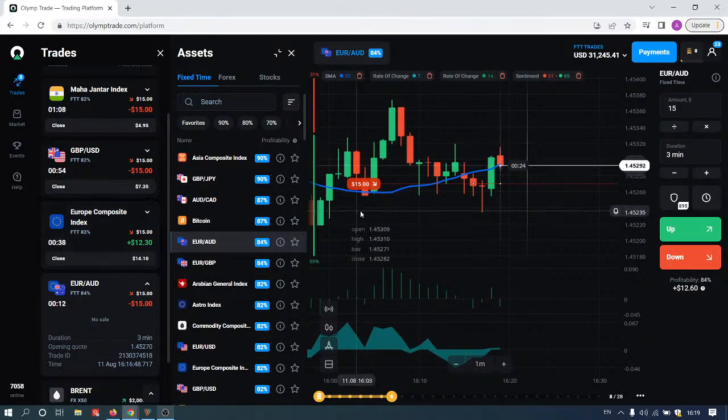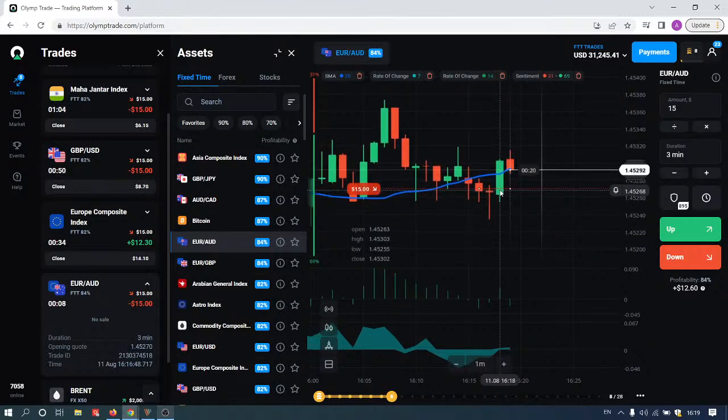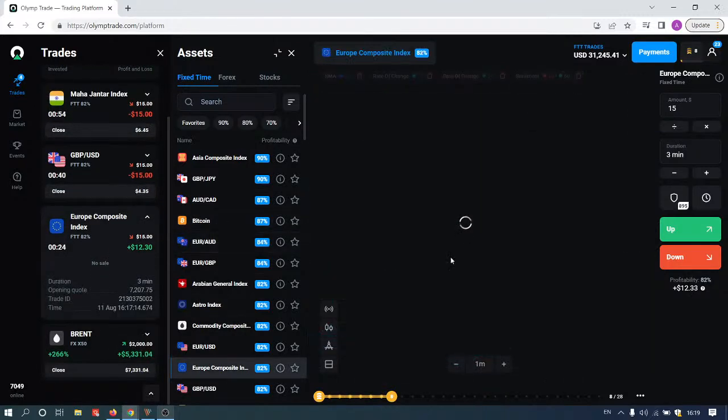So it's interesting to see this kind of trade reversal, which came with this big green candlestick. All right.